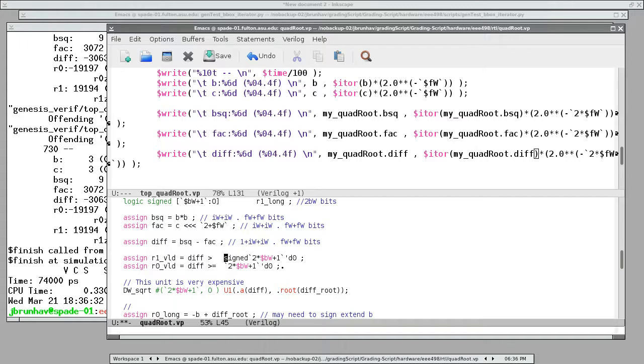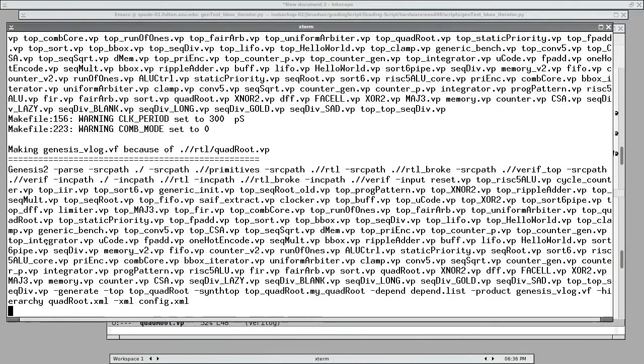So $signed. This is a hoot. $signed. I mean, at this point, it should almost be a signal, because the amount of work that is going into figuring that out.